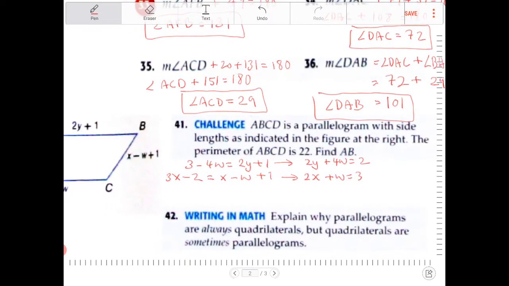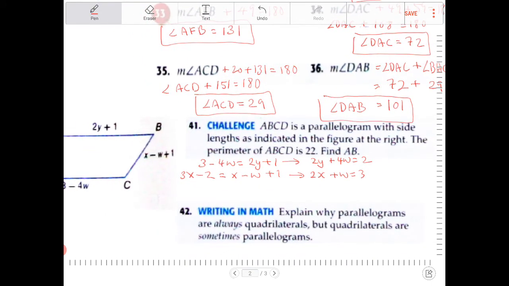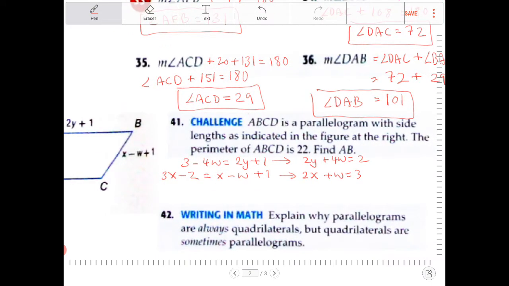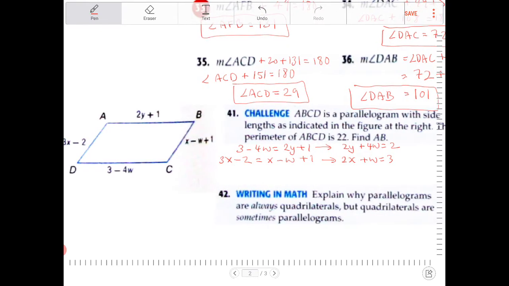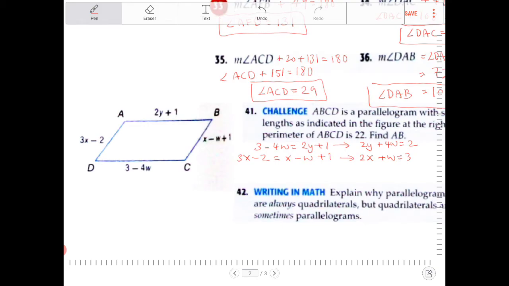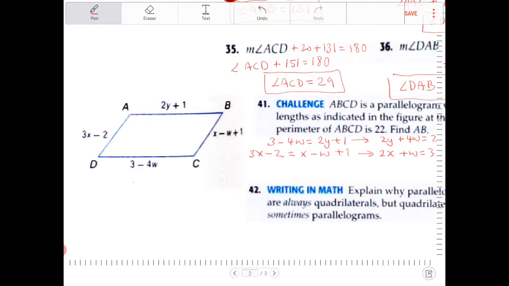And it says here the perimeter is equal to 22, right? So what does that mean? Well, that's how we're going to get our third equation, because right now we have 2 equations, however, we have 3 unknowns. So for 22, we're going to add everything together.